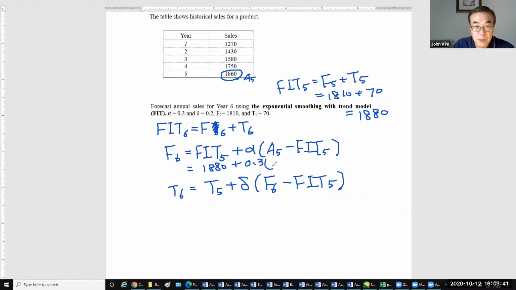A5 is 1860 minus FIT is 1880. That will be, this part is negative 20. And then 0.3, that is minus 6. So 1880 minus 6 equals 1874.